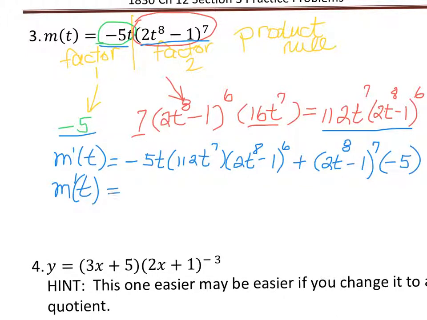So m prime of t is equal to, we're going to actually take the product of these first two. Negative 5 times 112 is negative 560. And t to the first times t to the 7 is t to the 8th.